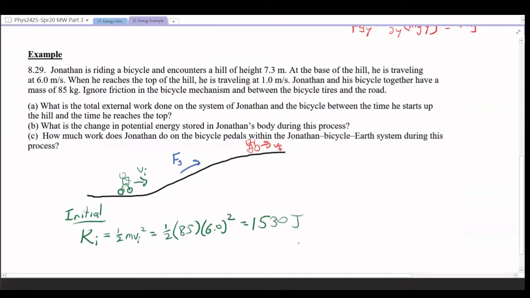Now, at some point, we have to make a decision whether we're going to think more about work due to gravity or the potential energy of gravity. And when we're talking about external work, this is including gravity.